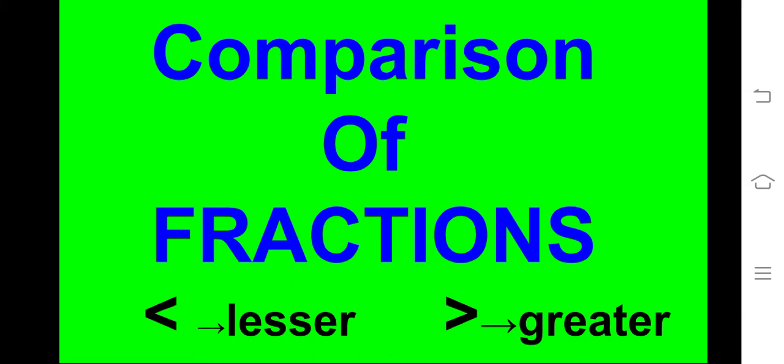As usual, we have learnt with the other numbers when we compared numbers: equal, lesser, greater. Here we will compare the fractions. So this is the lesser sign and this is the greater sign. How to compare the fractions?